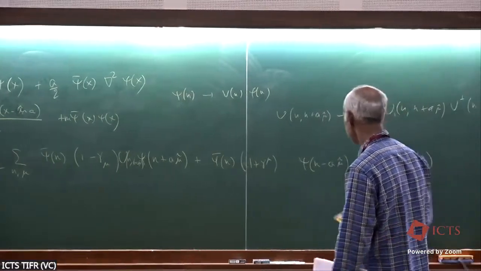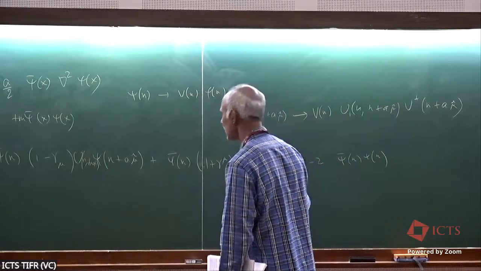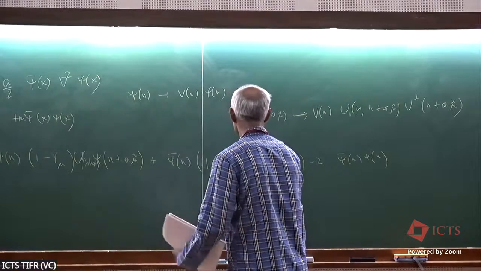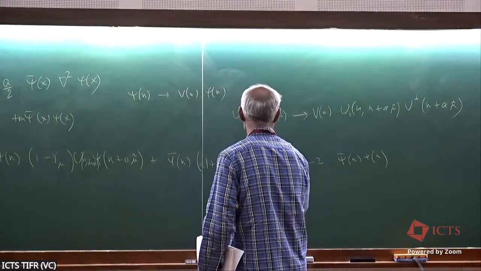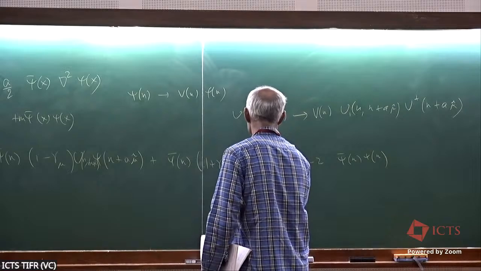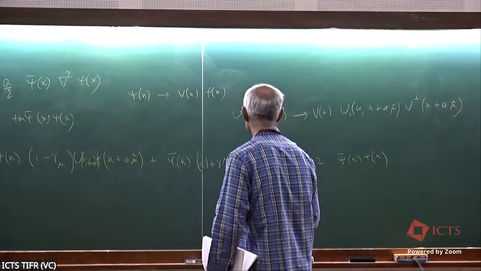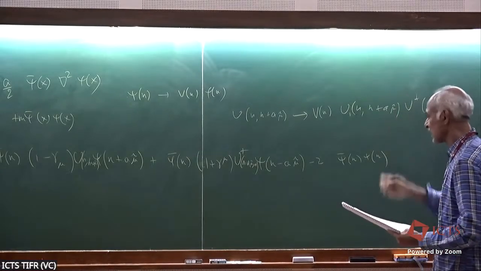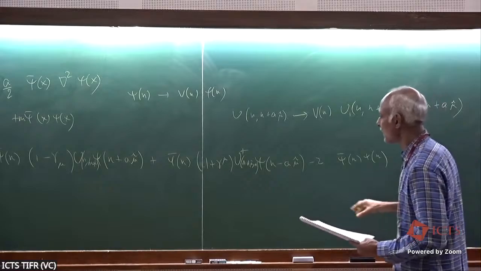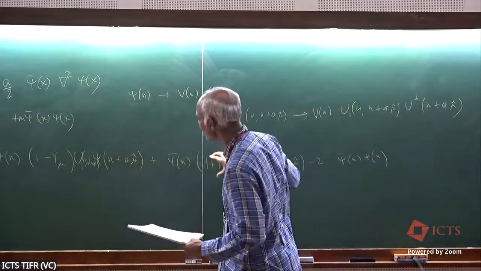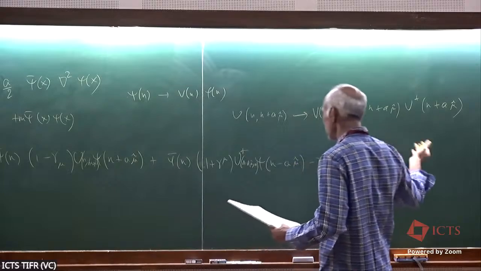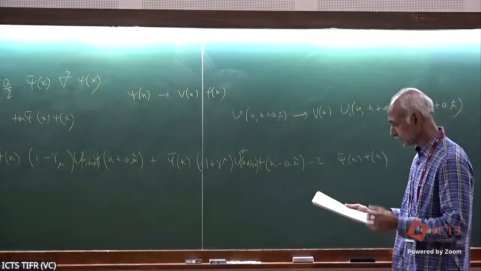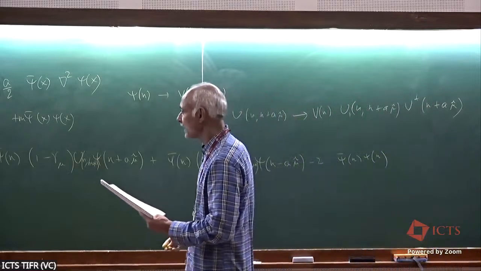So wherever there is a term like this, when you look at that transformation and you look at this term, you should be able to figure out that what I need here is a U dagger at n minus a mu. Okay. And then of course these are the equivalent of the covariant derivatives, and there will be the equivalent of F mu nu squared, which I will write in terms of these U's.